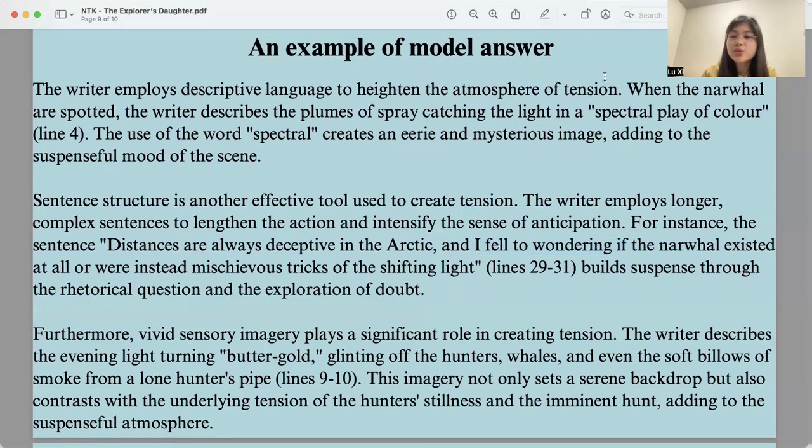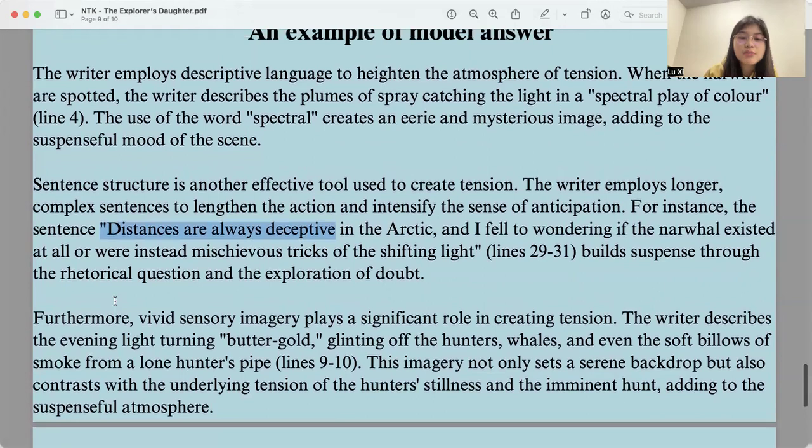In this answer, we see the quotation marks here, from the article. Remember the rubric: if you want to get higher marks, you need to extract some direct quotes from the article. Furthermore, vivid sensory imagery plays a significant role in creating tension.